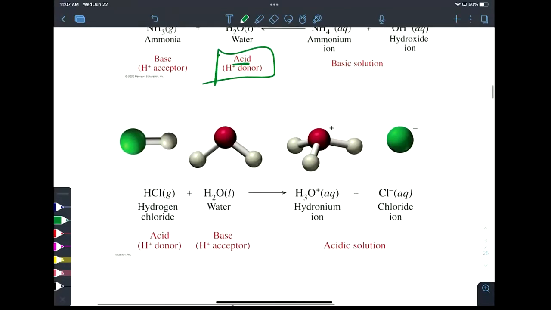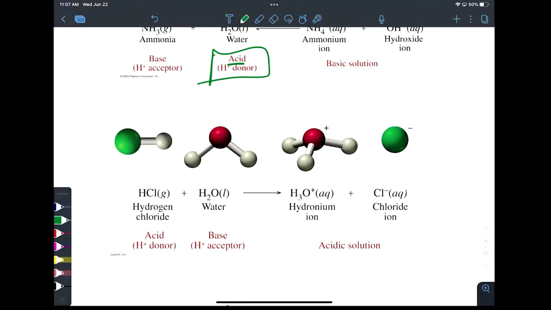Let's look at HCl. You put HCl in water, I already know it's an acid, but if we look at where the movement of things is, there are two lone pairs on water, and it's going to grab that proton off of HCl and form a new bond to make hydronium. That's our acid form in water.